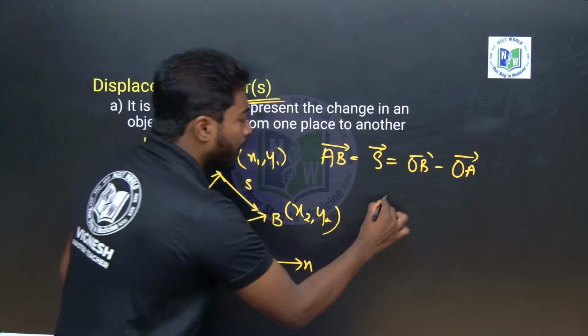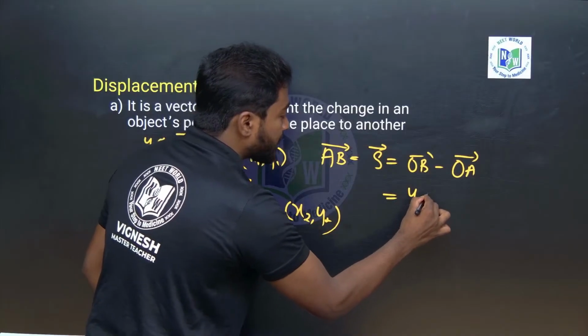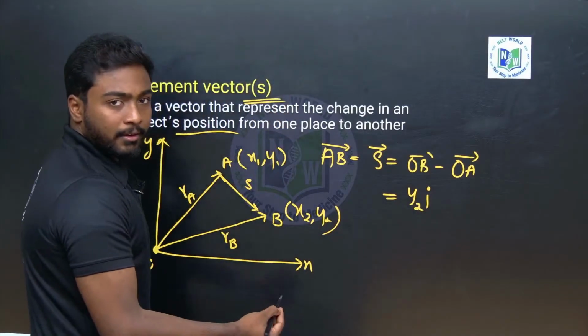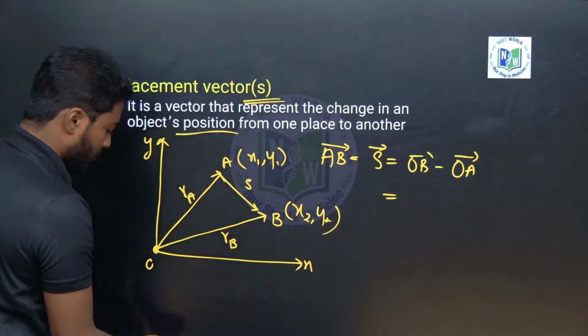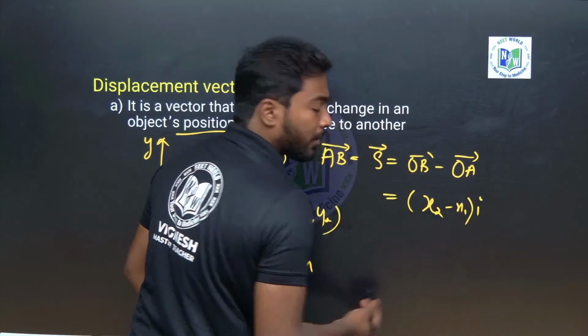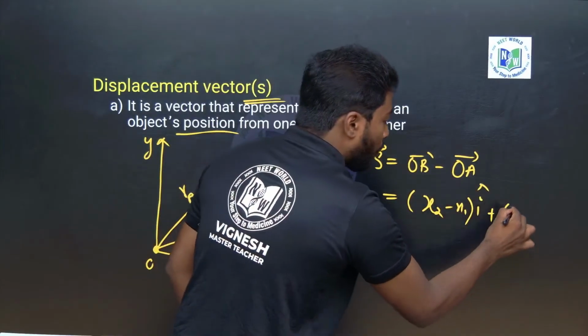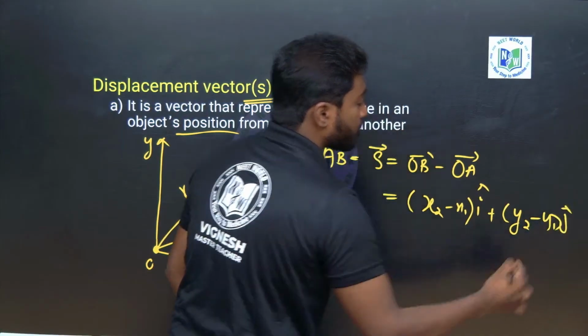So OB will have y2 j cap, or totally, (x2 minus x1) i cap plus (y2 minus y1) j cap.